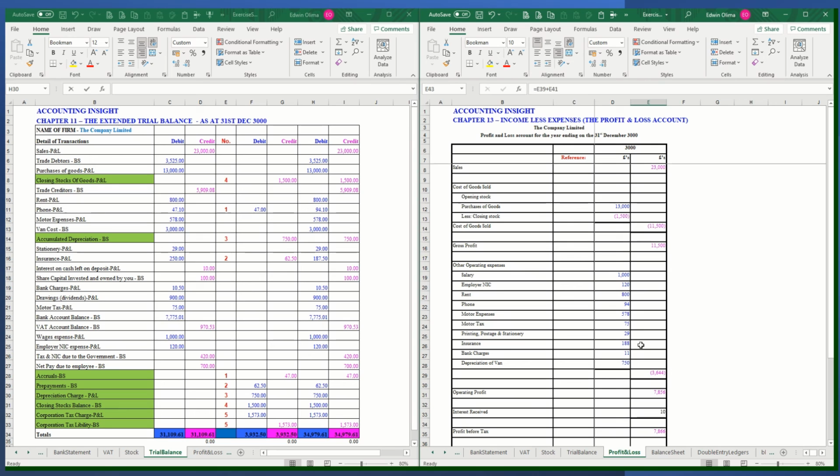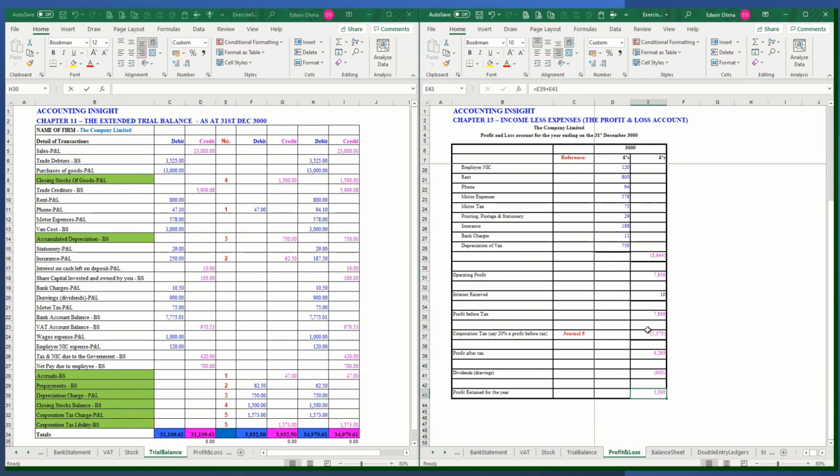Tax authorities want to know how much your business is making so they can levy their tax on your profits, as you can see here by Journal 5. And government regulations now require businesses of certain sizes to file a profit and loss account for public record. It's also for public interest.